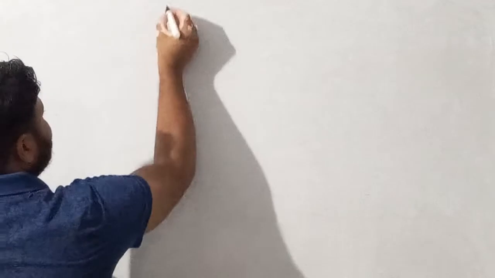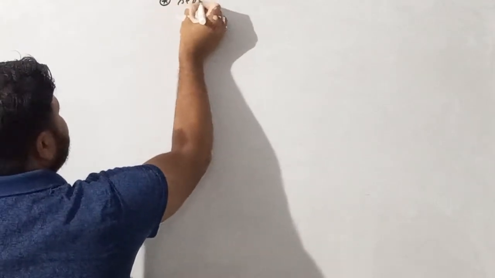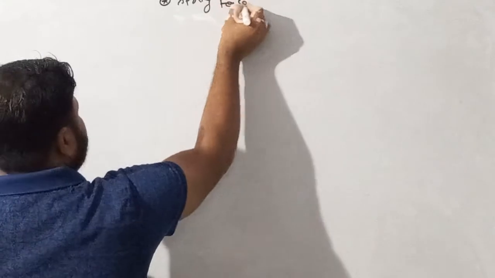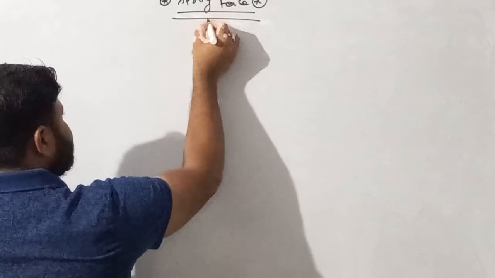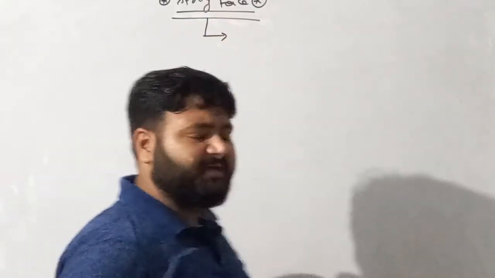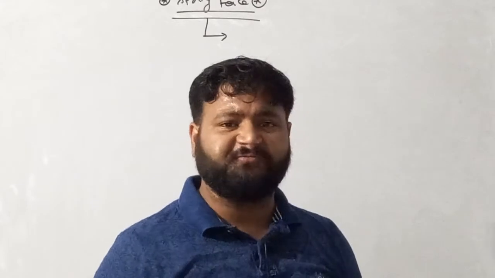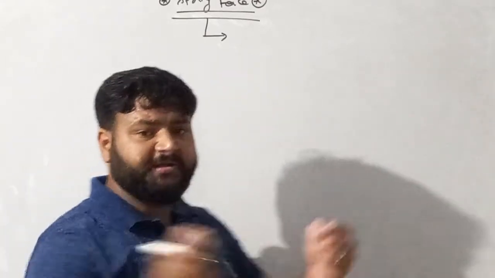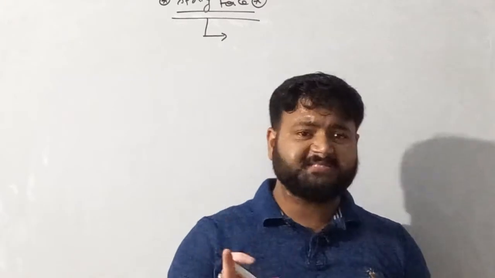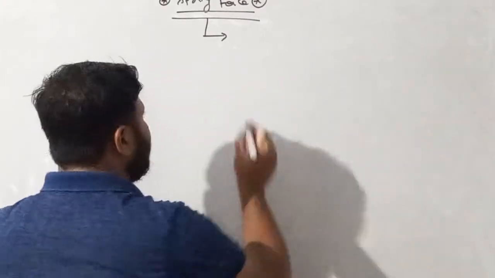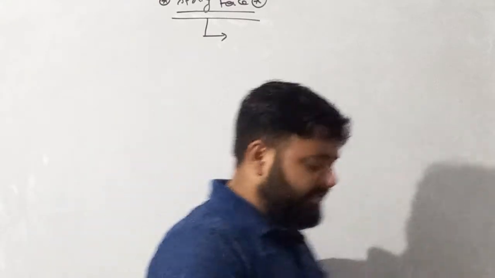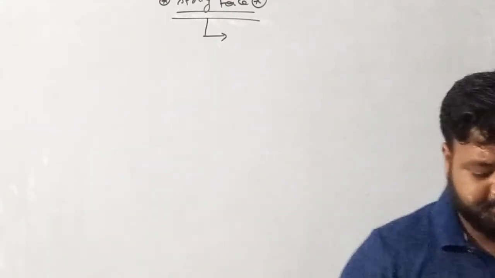First of all, we are discussing spring force. There are two or three things in the last chapter we already discussed about spring force. First thing: a spring can be elongated or it may be compressed. Write down the first point: spring can be elongated or it may be compressed.